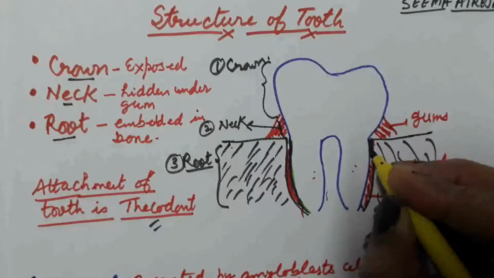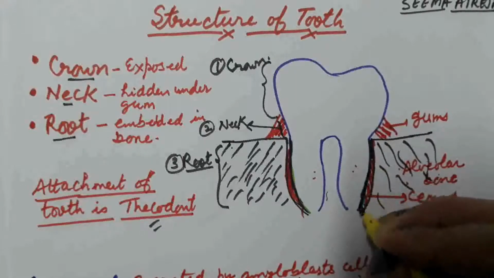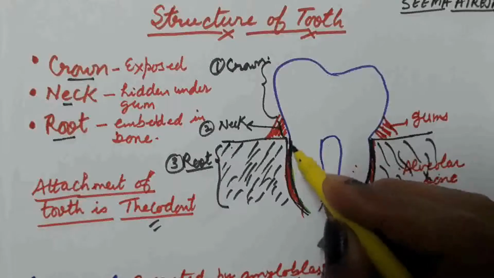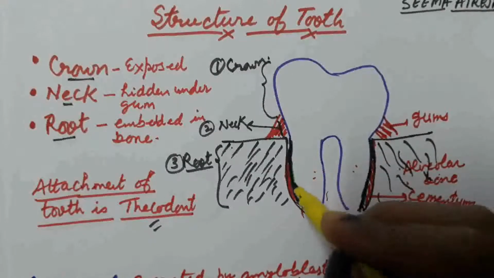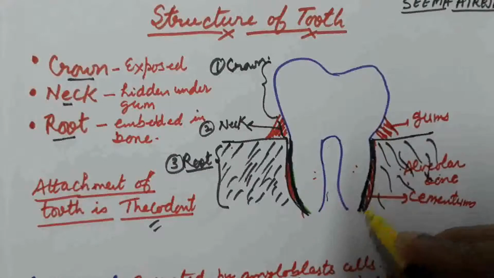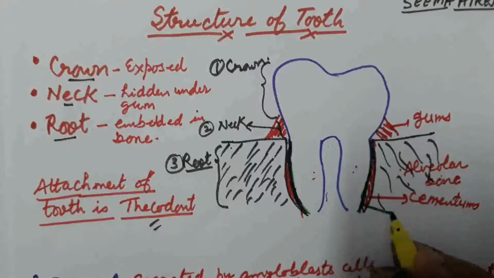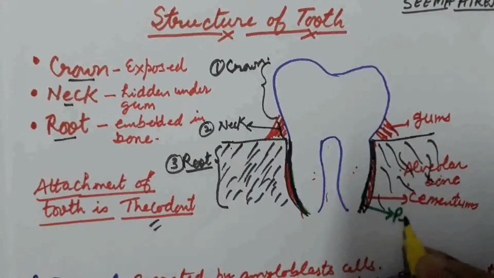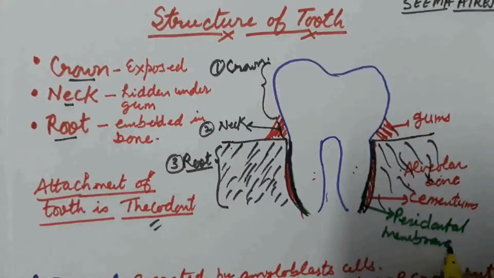Outside this blue line, there is another membrane between the root and cementum, which is known as the periodontal membrane.